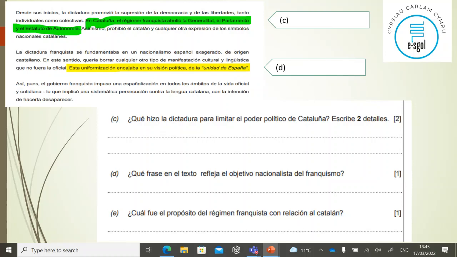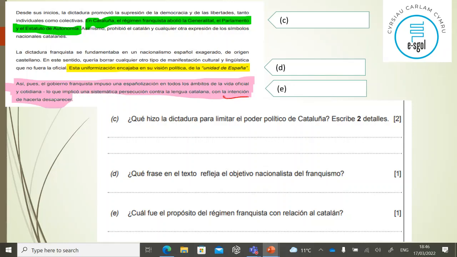Finally, ¿cuál fue el propósito del régimen franquista con relación al catalán? And we got the answers here. Así pues, el gobierno franquista impuso una españolización en todos los ámbitos de la vida oficial y cotidiana, lo que implicó una sistemática persecución contra la lengua catalana con la intención de hacerla desaparecer.